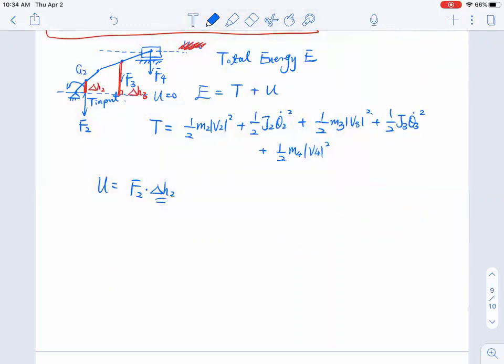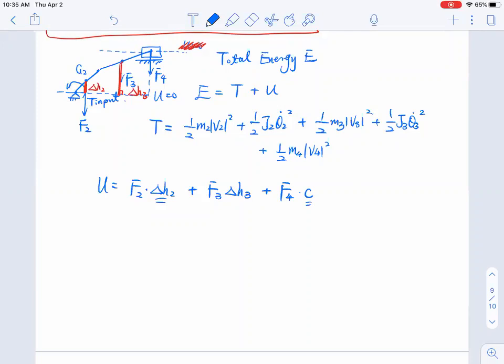Okay, so we have two components, F3 delta h3, and then the last one is a mass sitting on that slot. So we have F4 times the total height of the rail. We also call it offset, so that's C, a constant offset. That's the total potential energy.